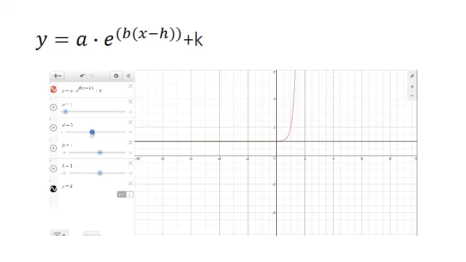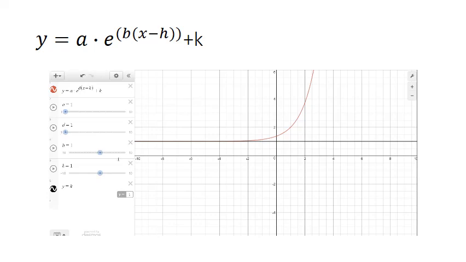But as that value gets smaller, it's pulling the graph to the right. And so now we have a horizontal stretch. So our d value in this case is going to produce a horizontal compression when it gets larger and a horizontal stretch, pulling left or right, when it gets smaller.